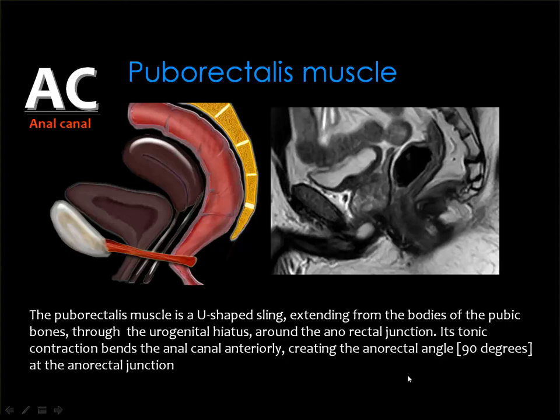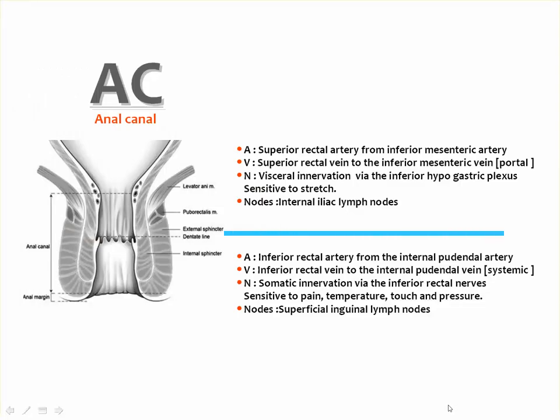Sagittal images are very good in evaluation of the extent of the disease below the levator ani or above, since the levator ani separates the peritoneal cavity from the perineal area. Then this is the plane of the suspected course of the puborectalis muscle, which separates the peritoneal cavity from the perineal area.